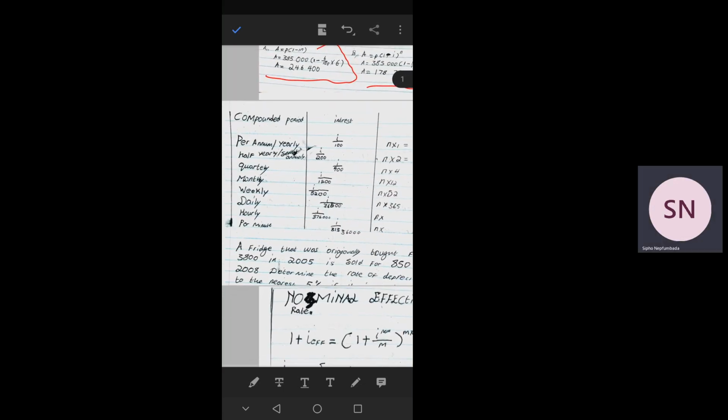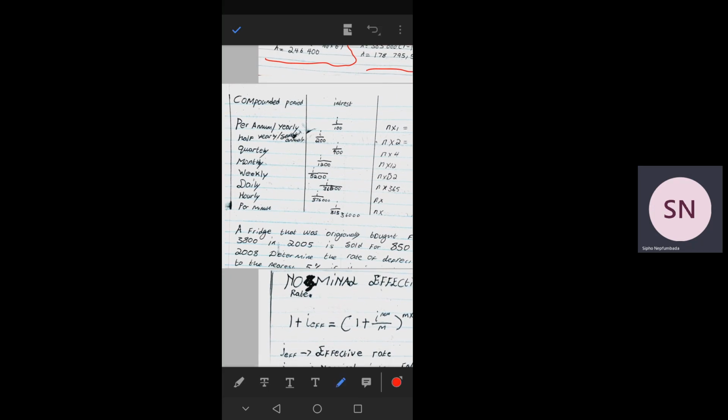In the table it is paid per annum, like paid annually per year, so the percent is divided by 100. For half yearly, we divide by 200 and times by 2, the number of times it is compounded. For quarterly, we divide by 400 and times by 4.